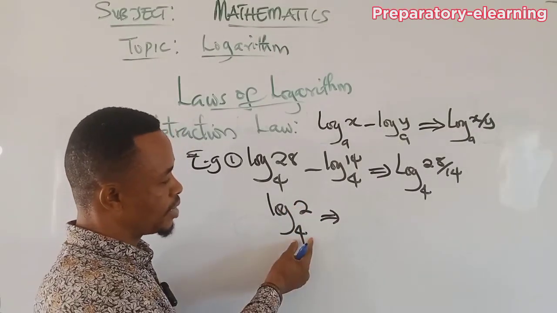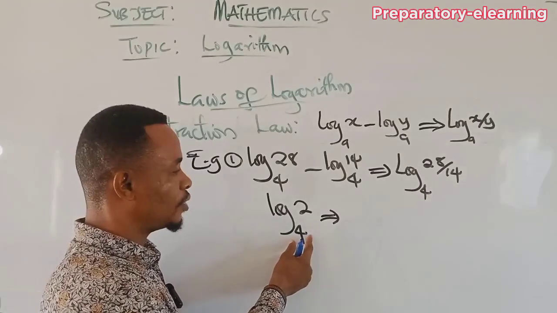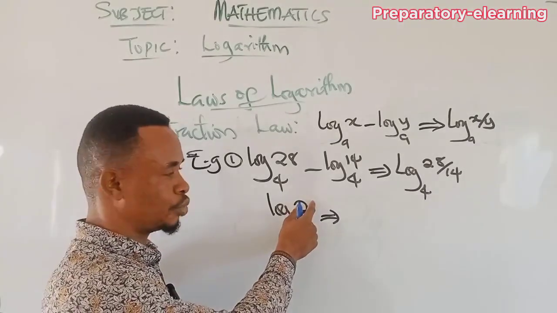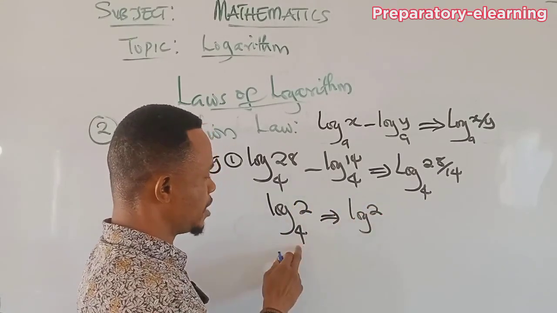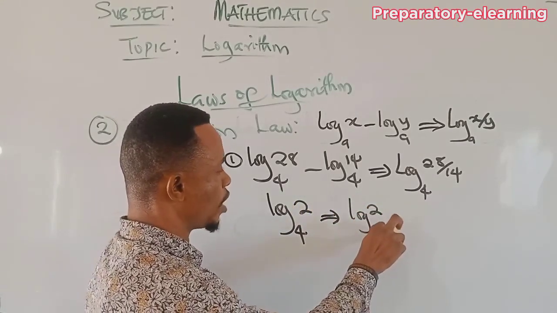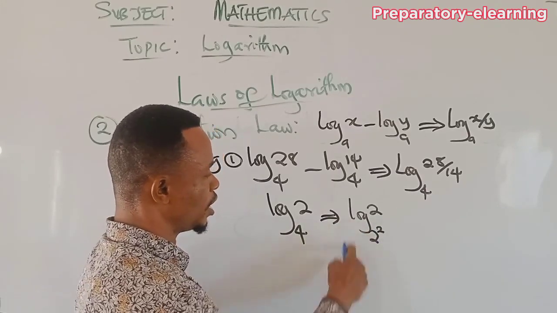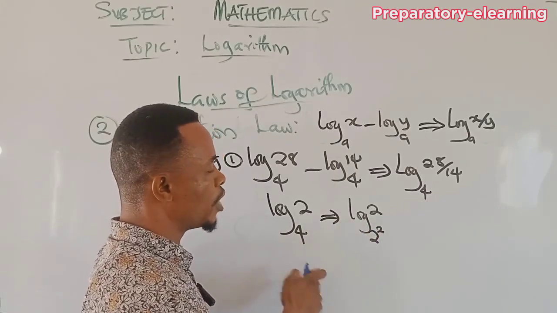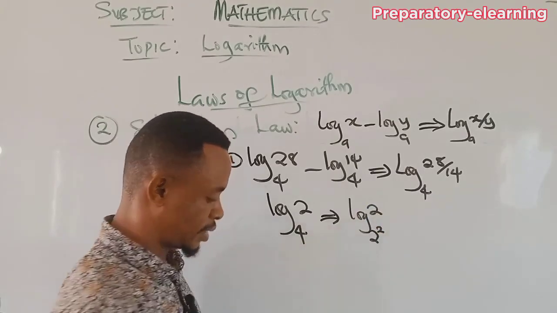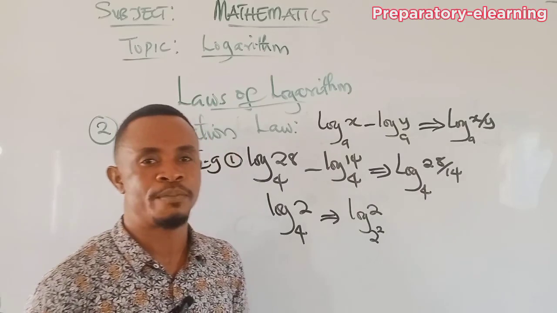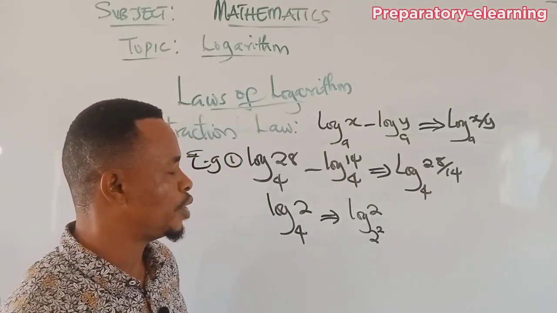Let's see how we can break down base 4 to also have 2. Now we have log 2, and in this base, we have 2 power 2. You know, 2 power 2 is 4. Now, when you have power on the base, what do you do?